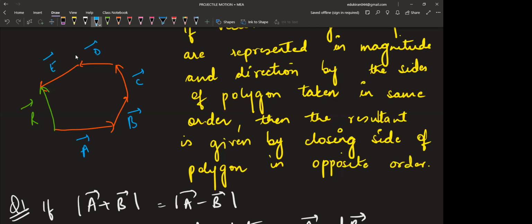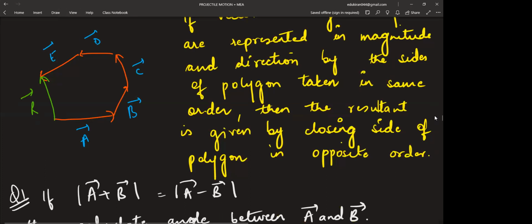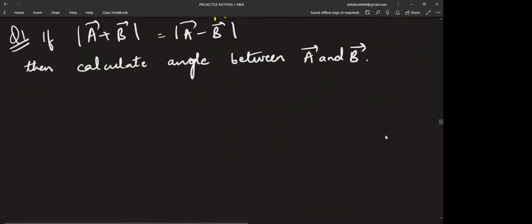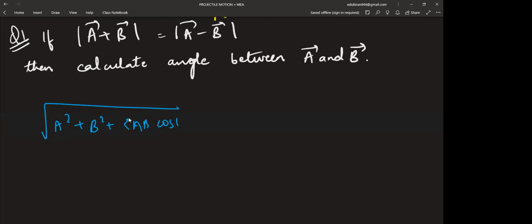This is also a very good question that is present. If the magnitude of A plus B is equal to the magnitude of A minus B, you can write down all these things together. So see, what is the magnitude of A plus B? Under root A square plus B square plus 2AB cos theta.